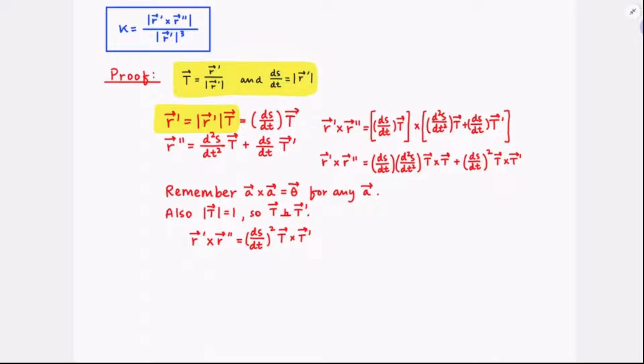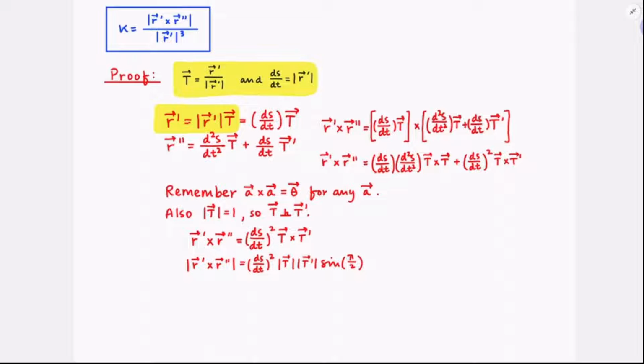But what I'm really interested in is not the cross product, but the length of the cross product. If you look at the very top in blue, that's what I'm trying to show. So I'm going to take the length of this cross product and use that sine property, where the length of the cross product is the length of each of the factors multiplied by the sine of the angle in between them. And the constant multiplier out front, the ds/dt squared, is just still going to be out front.